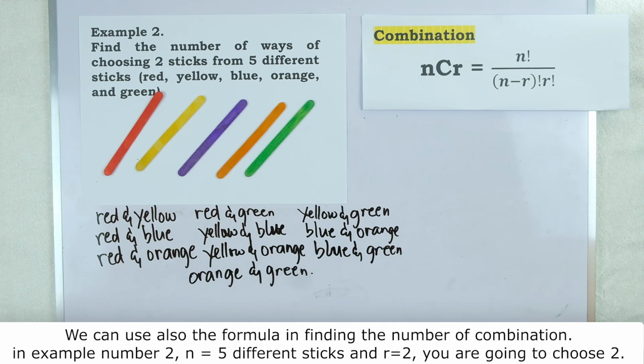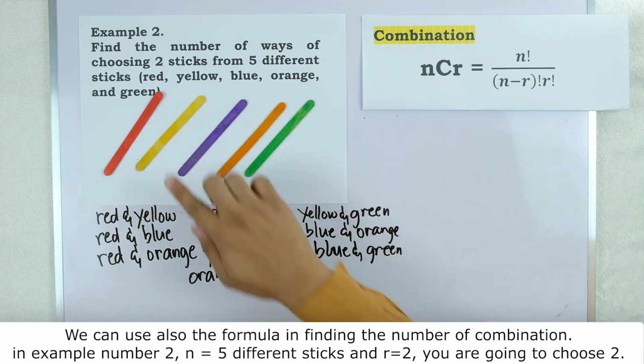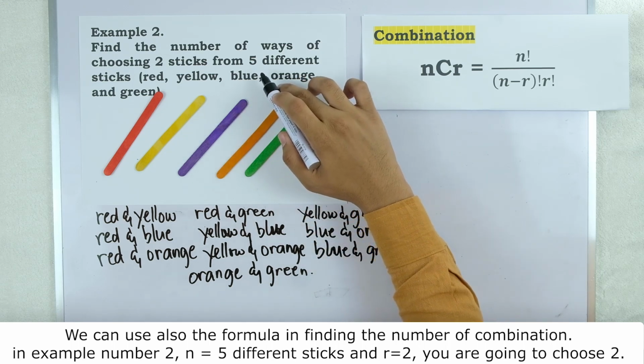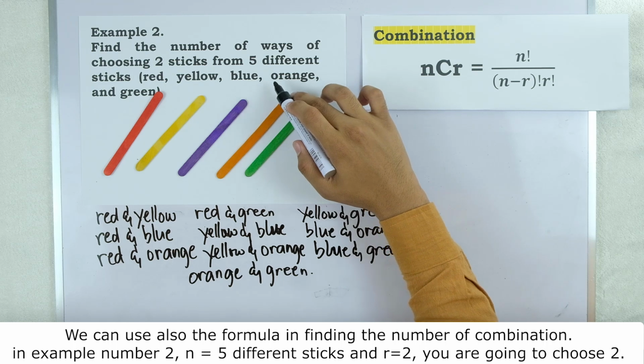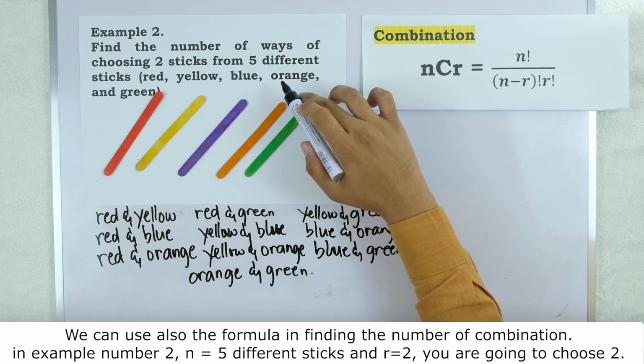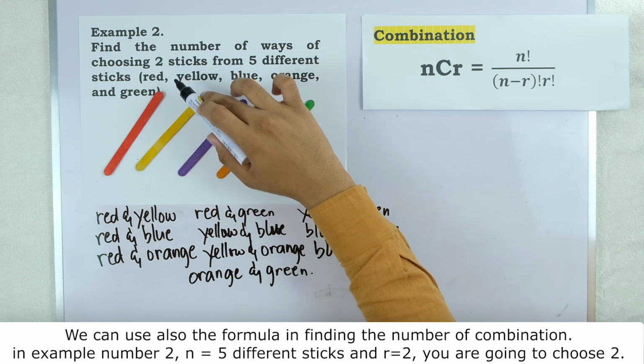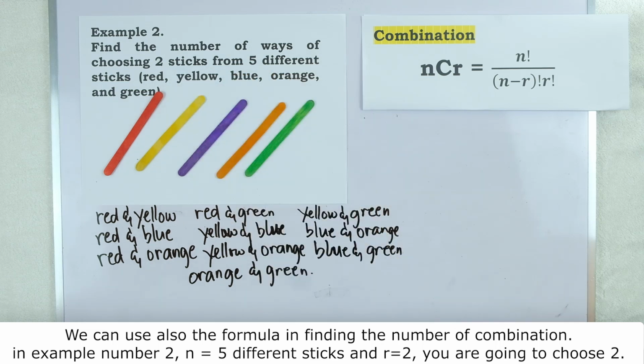We can also use the formula in finding the number of combinations. In example number 2, n is equal to 5 different sticks and r is equal to 2. You are going to choose 2.